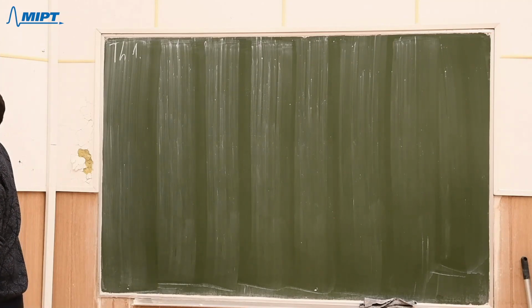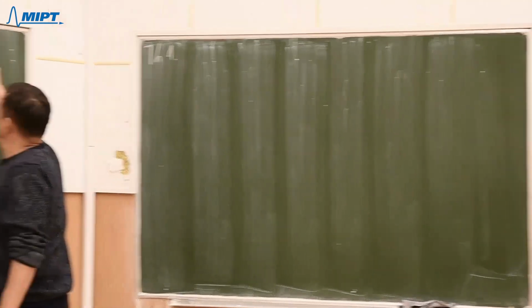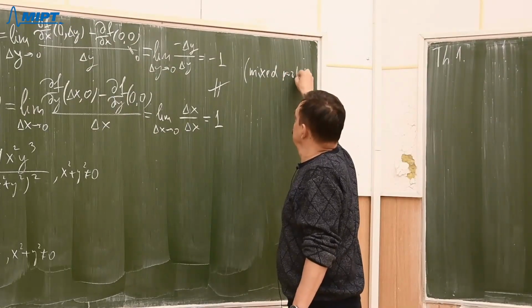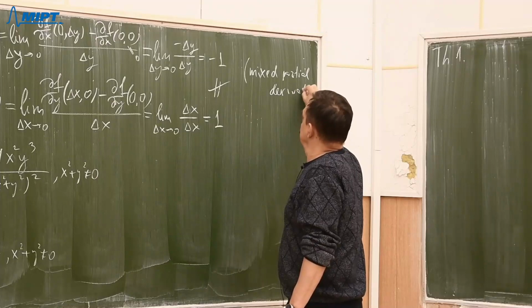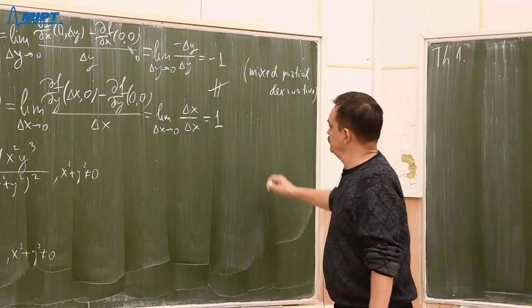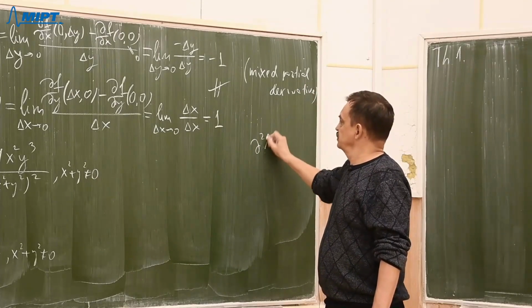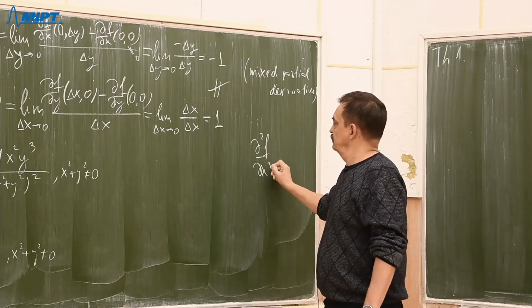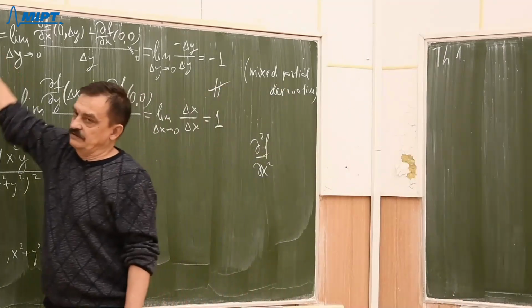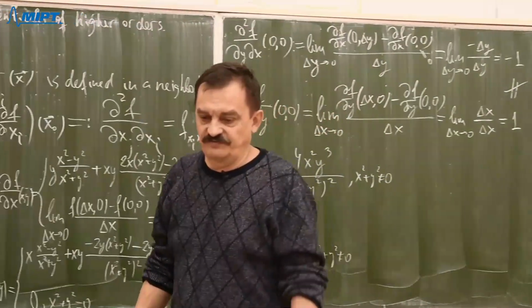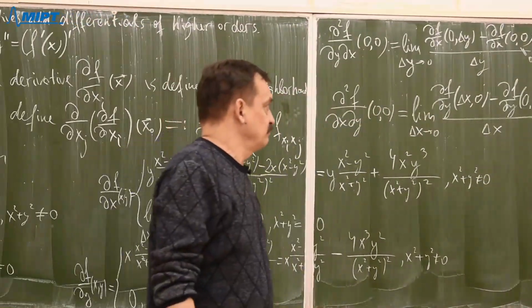They are mixed partial derivatives to distinguish them from such partial derivatives like that, which are not mixed. Mixed are those when we have different variables.